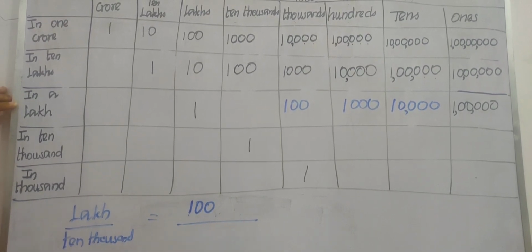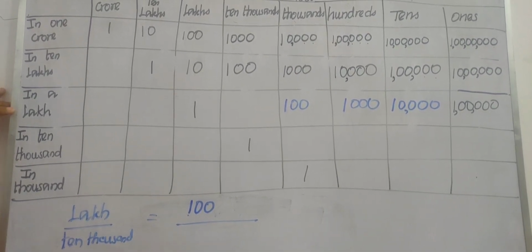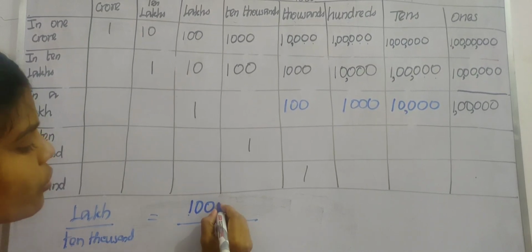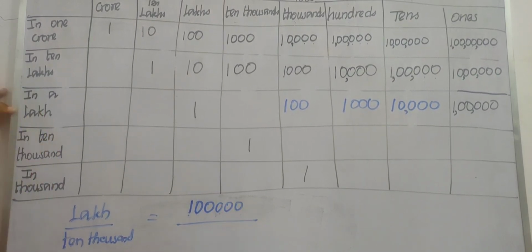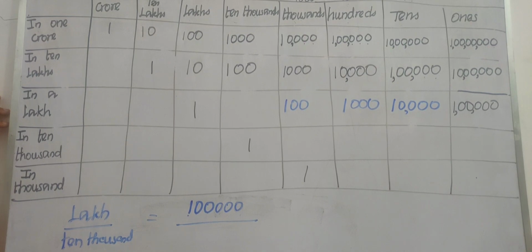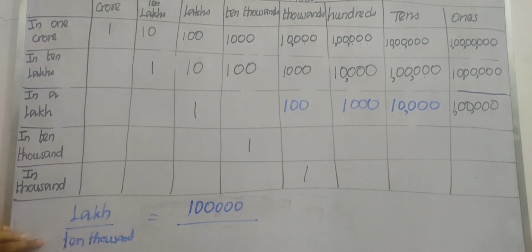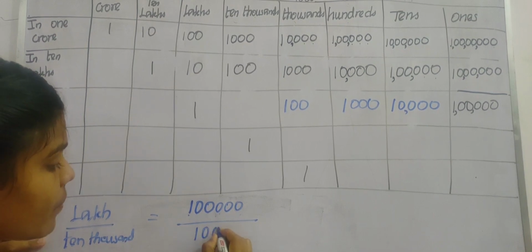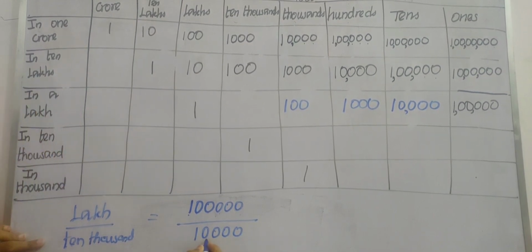Lakh is the smallest 6-digit number: 1, 2, 3, 4, 5, 6. So 10,000 is the smallest 5-digit number. Okay children.